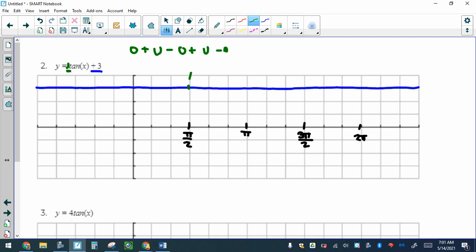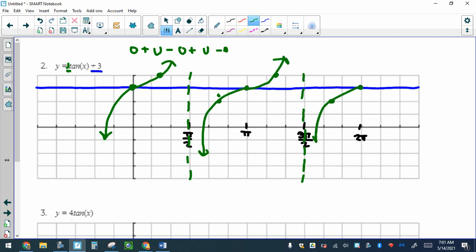So I'm going to start this time by drawing in my asymptotes. If that helps you, please do so. I know the asymptotes will be there. 0 doesn't mean 0, it means on the midline. And then positive, so 1 above the midline because the amplitude is 1. Negative 0, positive, negative 0. And then just draw this guy in to fill out that shape.